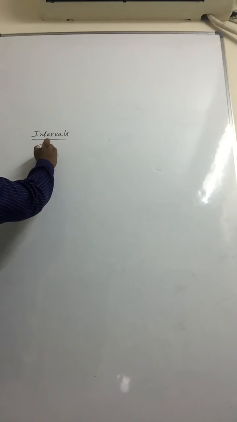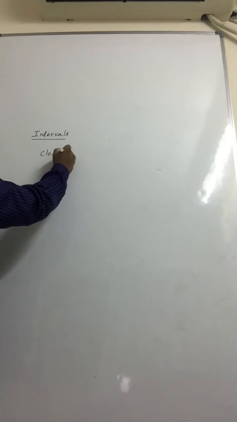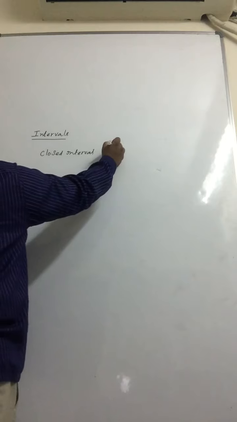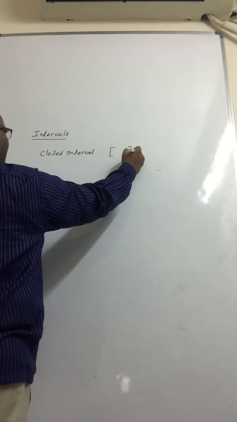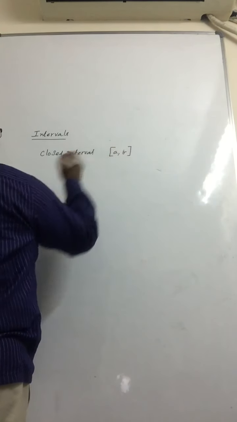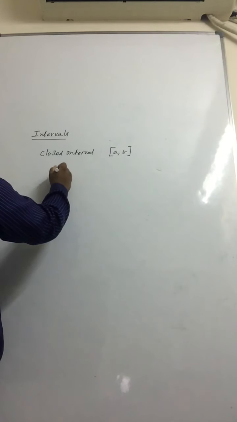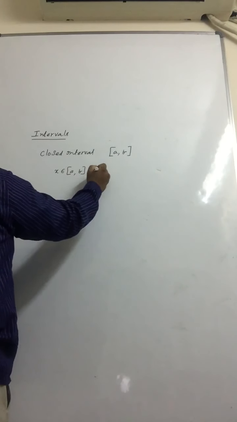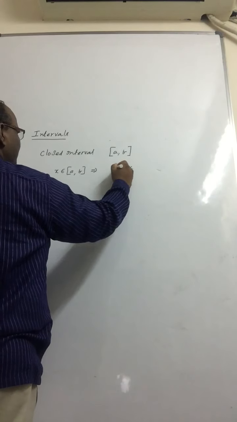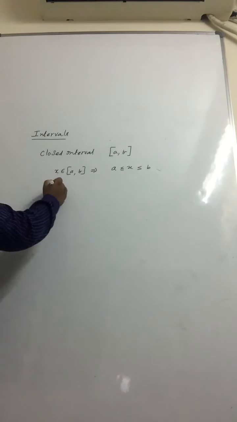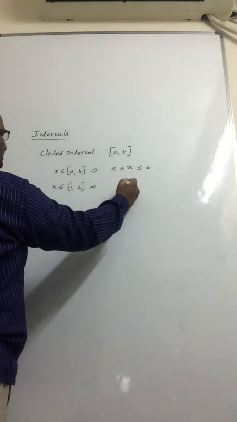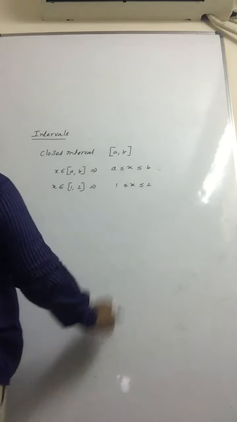So in intervals, we have a closed interval denoted like this, brackets A comma B. What does it mean? If X belongs to [A, B], it implies X lies between A and B. If I say X belongs to [1, 2], it means X lies between 1 and 2.